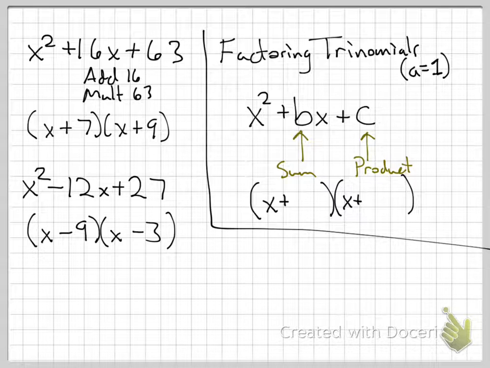Now, what if it was a positive 12? Would the 9 and 3 just become positive? Okay. What if it was a negative 27? Would that change things? Yeah, that'd be the difference. What about x squared plus 2x minus 63?